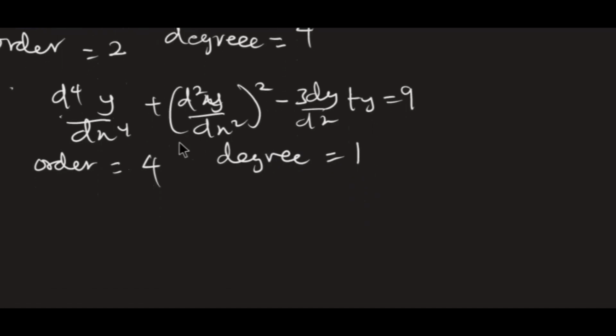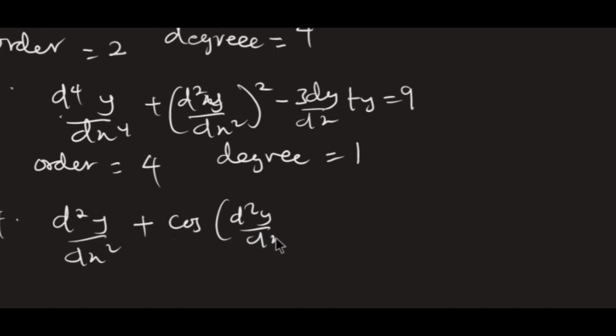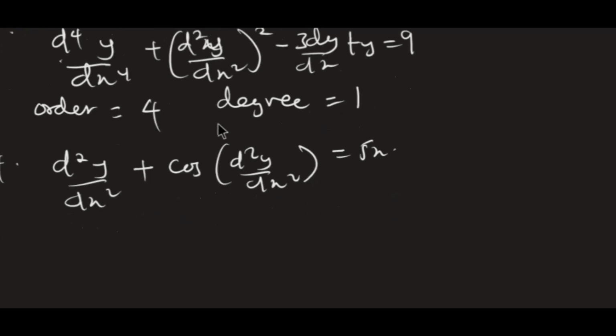Let's see our fourth example. In this fourth example, I have d squared y over dx squared plus cosine of the expression d squared y over dx squared is equal to 5x. Now when we consider this equation, to find the order, we have second derivative, but whenever you have a cosine of a derivative, our differential equation doesn't have degree.